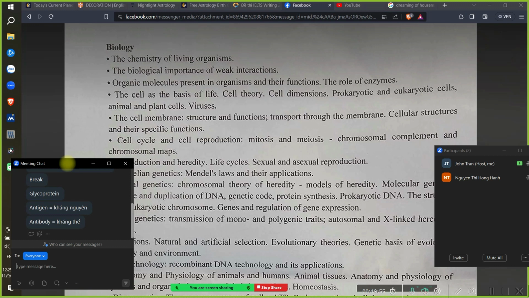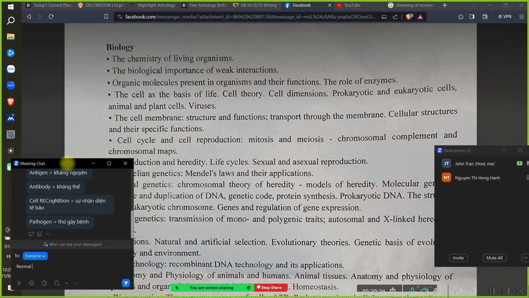It plays a role in cell recognition. It can recognize if it's a bacteria, a pathogen, or a normal cell of the body.